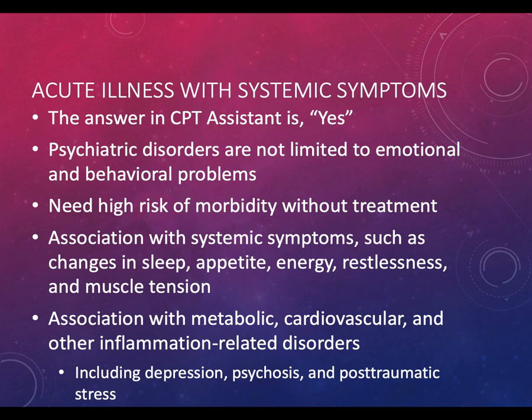I recommend that you still document systemic symptoms when these are observed. However, this Q&A in CPT Assistant means that for the purpose of determining the complexity of medical decision-making, acute depression, psychosis, and post-traumatic stress are considered inherently acute illness with systemic symptoms, as long as there is a high risk of morbidity without treatment.